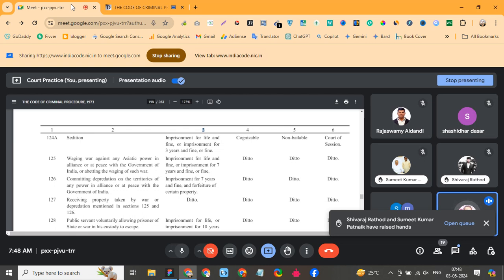It is non-bailable, meaning a serious offense. There is no right to get bail, but the court can allow bail with due procedure of law. In this crime or complaint, the trial should be done in the court of session. So these are the particular things.